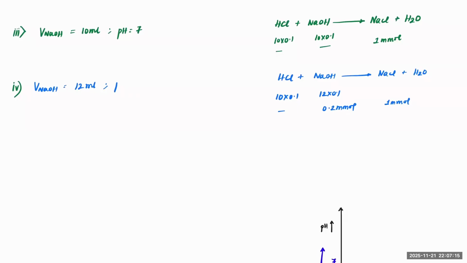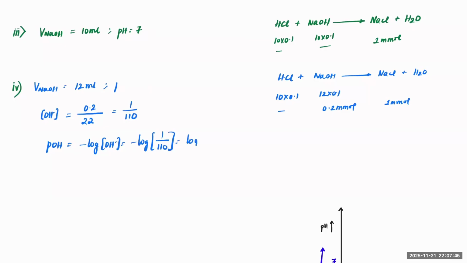So now what will be the remaining amount? Remaining amount is NaOH. So we have OH minus concentration, or NaOH concentration, equal to 0.2 divided by total volume. Total volume is 22 ml. So it is 1 by 110. Okay. So pOH will be equal to minus log of OH minus concentration, which is equal to minus log of 1 by 110.